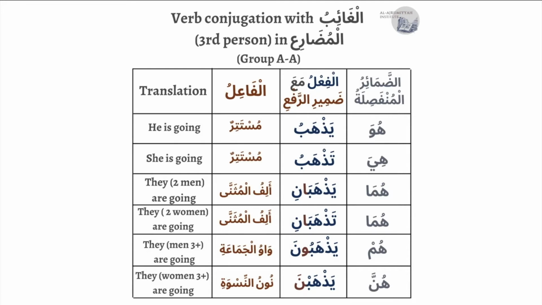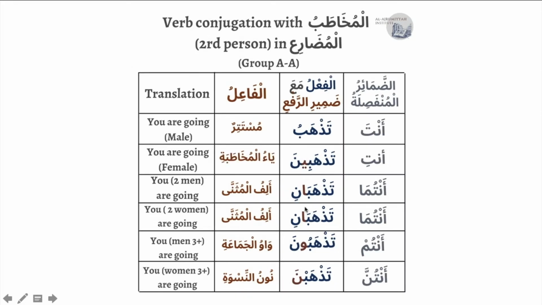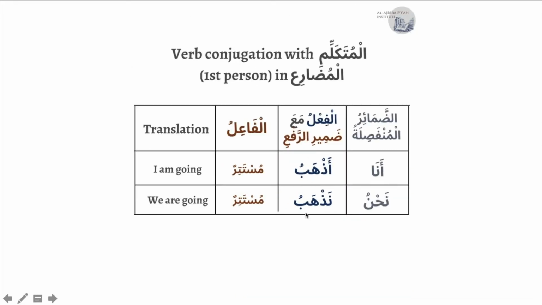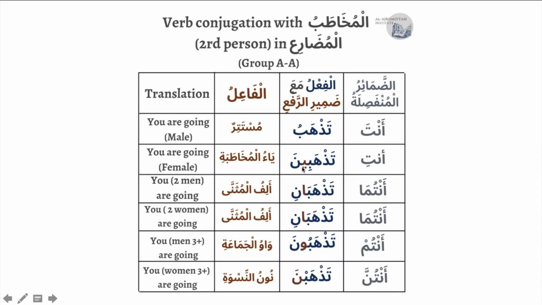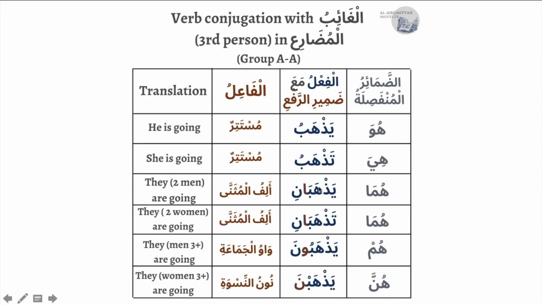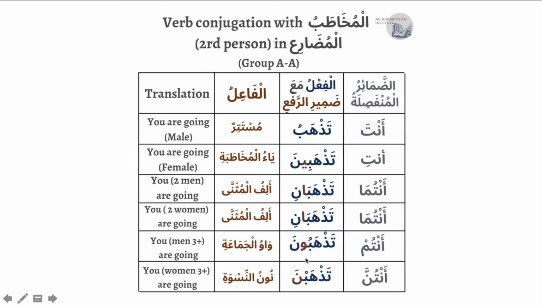radicals of the word. So the fa kalima is going to take a sukun, as you can see. Then the lam kalima, which is the last letter of the verb, is usually going to take one of the signs of the i'rab, or sometimes a noon and an alif is going to be added to the end of the verb, or a noon and a waw, or sometimes a noon and a ya.